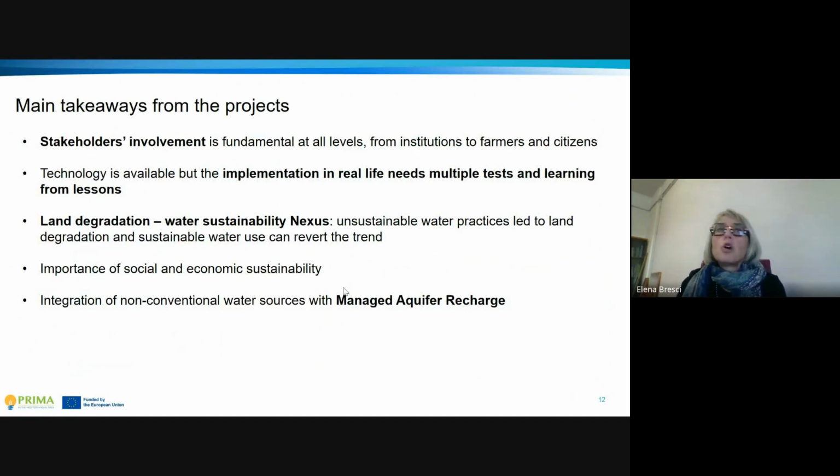So some common results and considerations that have been identified from the three experiences are the following. The first one is that stakeholders' involvement is fundamental for having results, and to keep the attention and the interest high on the activities of the project, because obviously there are the partners working on the project, but the stakeholders are the source of our information.